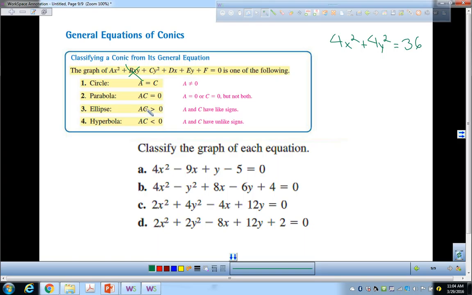If A times C is bigger than 0, meaning both numbers are positive, then you have an ellipse. And if A times C is a negative number, meaning either the number in front of the x squared or the number in front of the y squared is negative, then you have a hyperbola.